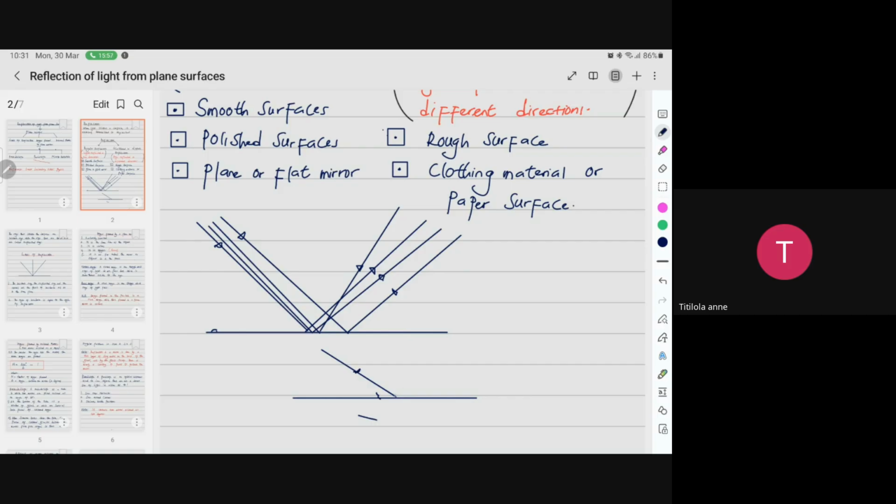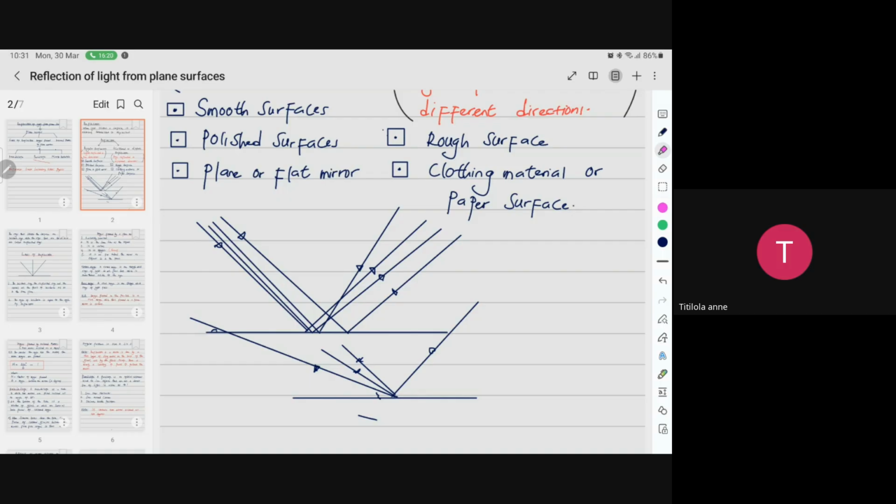Incident here. Then we can have the reflected ray going in a different direction. You can have another one here. Then this one can go in this direction. So just different directions. Remember that this is your incident ray, this is your reflected ray. The reflection can as well decide to move in different directions. So it's a scattered light. Remember the difference? Smooth surface and rough surface.